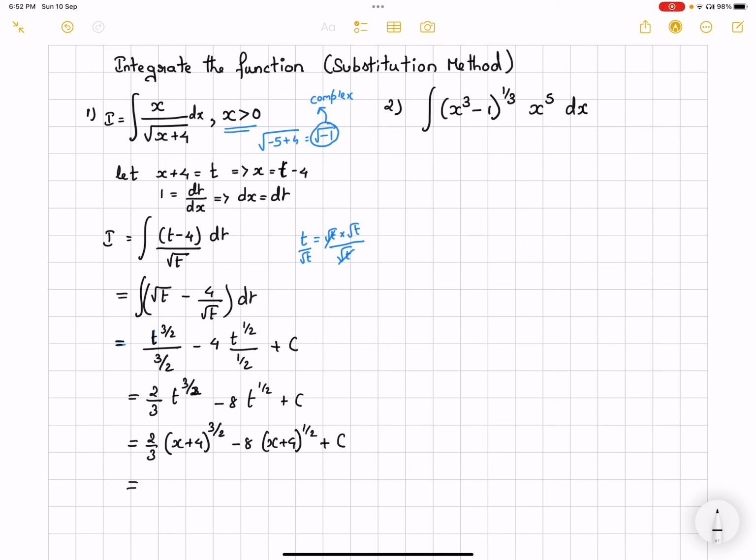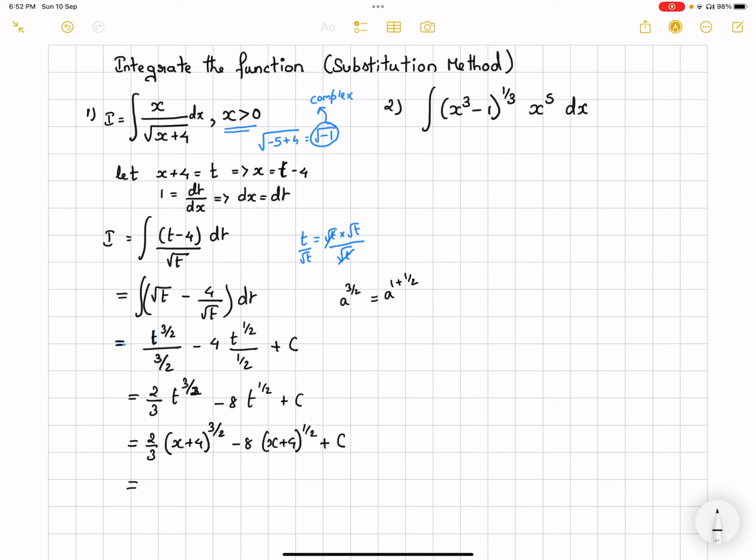When the base is the same, if I have a to the power 3 by 2, how did I get 3 by 2? 1 plus 1 by 2. Am I right? If I take a to the power 1 by 2 out, then a is left out. So that's the thing.